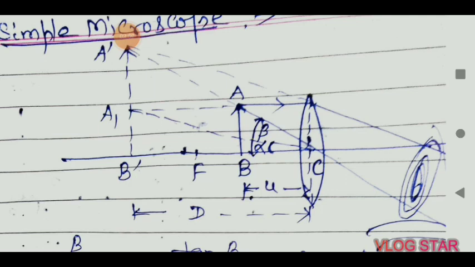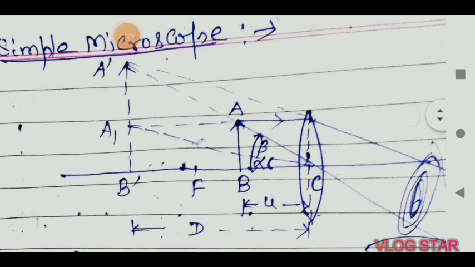Now when the image is at the least distance of distinct vision, at A dash B dash, what angle does it subtend at the lens, that is, on our eye, because the eye is very close to the lens? You see that angle A1 C B dash, that is alpha, is the angle subtended by the object. When the virtual erect image A dash B dash forms, the angle subtended by the image is A dash C B dash.